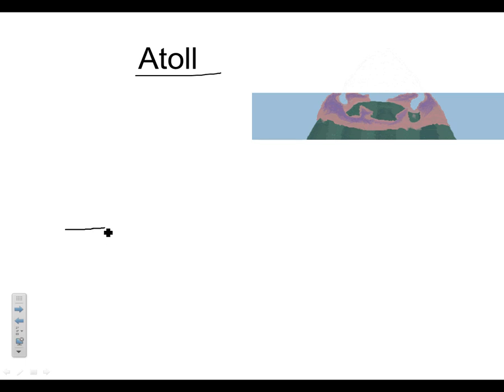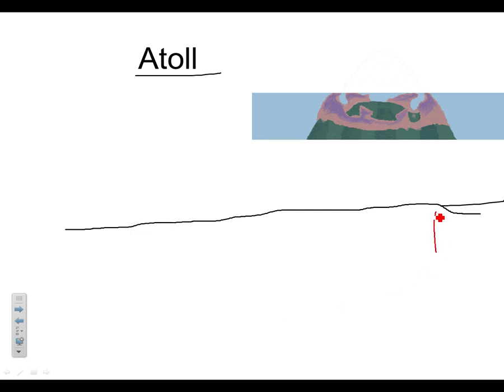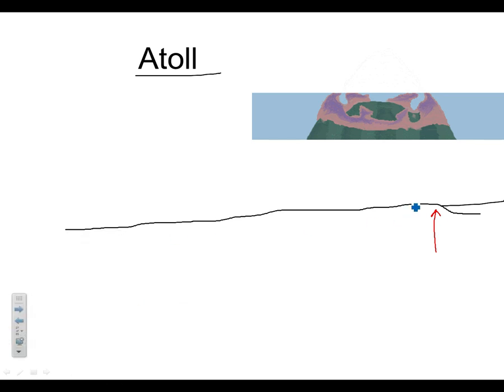So I'm drawing my ocean floor, again, just like I did with my seamount, gradually sloping upwards. All right, something like that. And then I put on my hotspot and mantle plume, put it right there. I need to put on my ocean level.